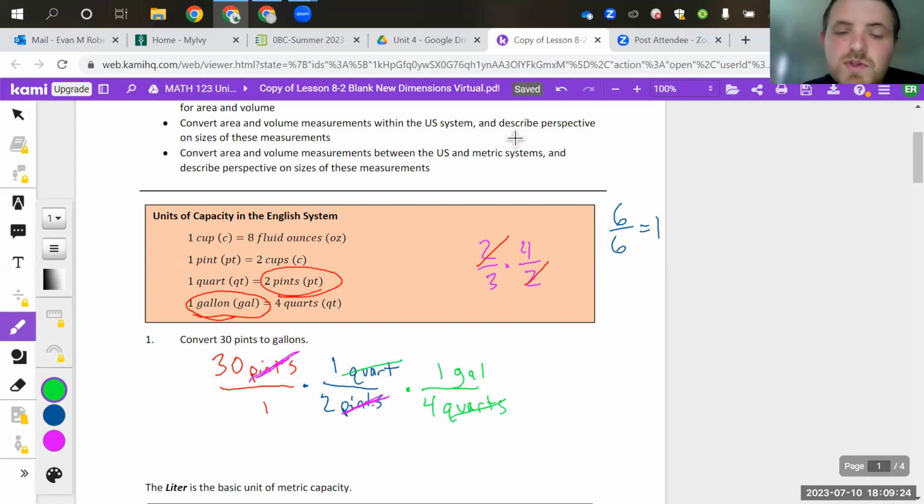Now I just need to multiply the numbers like normal. If I multiply across the top, I get 30 all divided by 2, and then I've got my gallons. Everything else canceled out, and 30 divided by 2 gallons is 15 gallons.